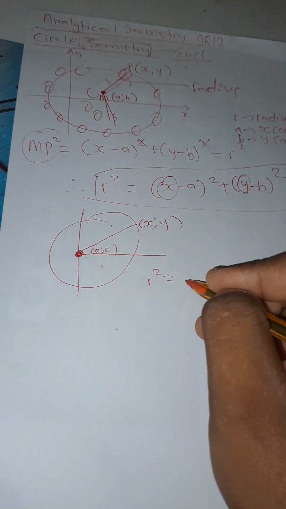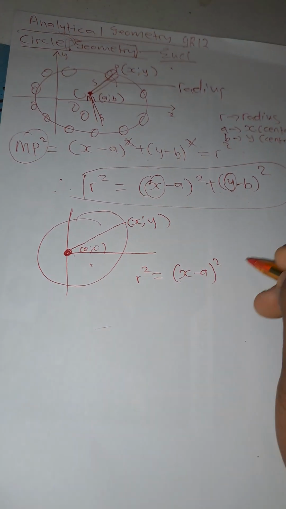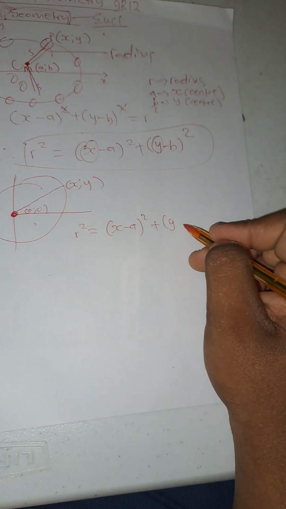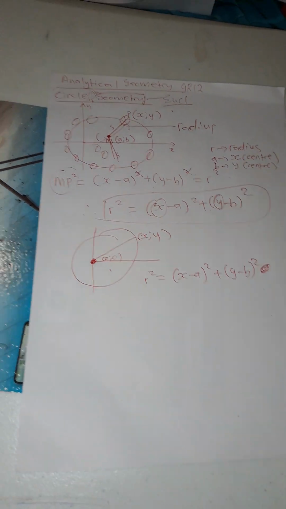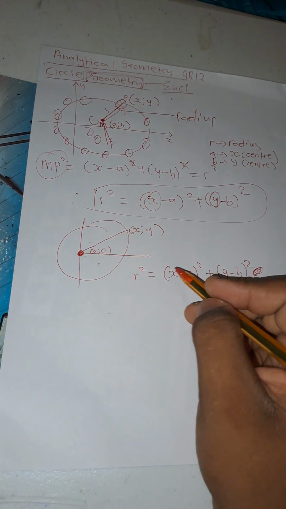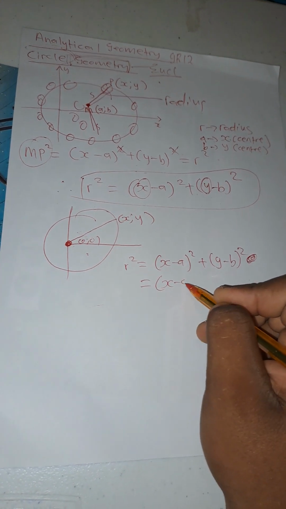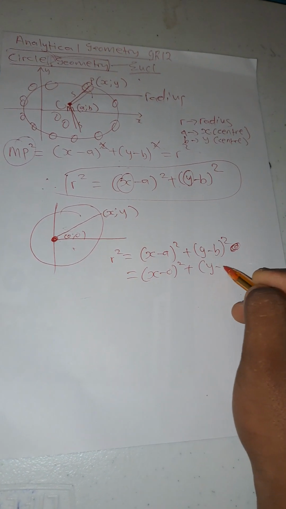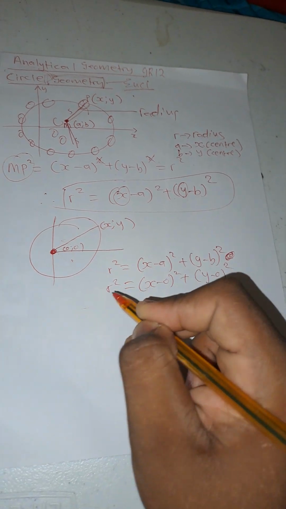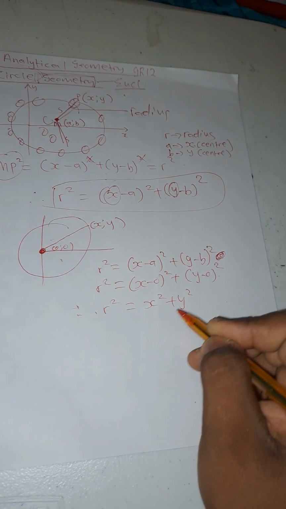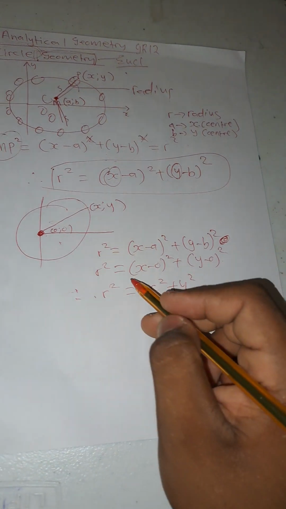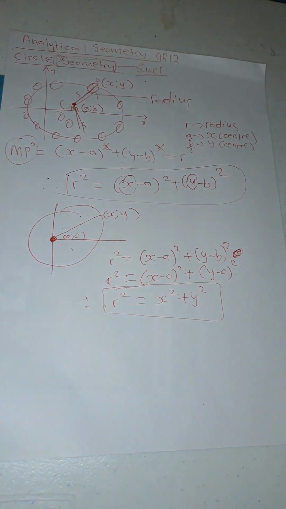R squared is equal to (x minus a) squared plus (y minus b) squared. Okay, I have already put it there. So now let's substitute. Since I have 0, it will be the same as (x minus 0) squared plus (y minus 0) squared. Therefore, my r squared is equal to x squared plus y squared. I'm done. This is my second equation.